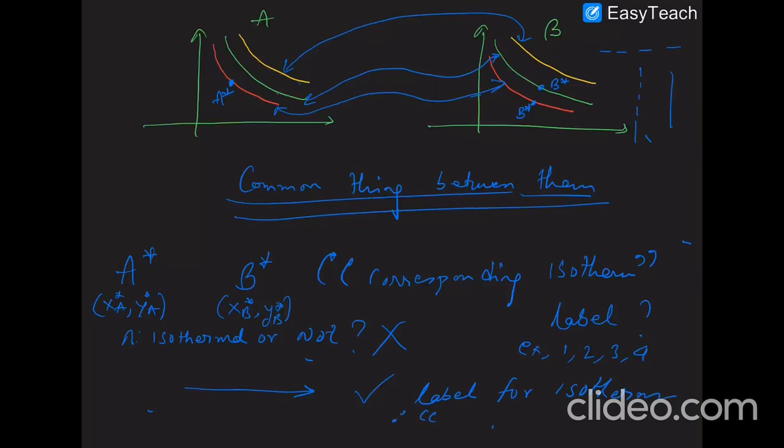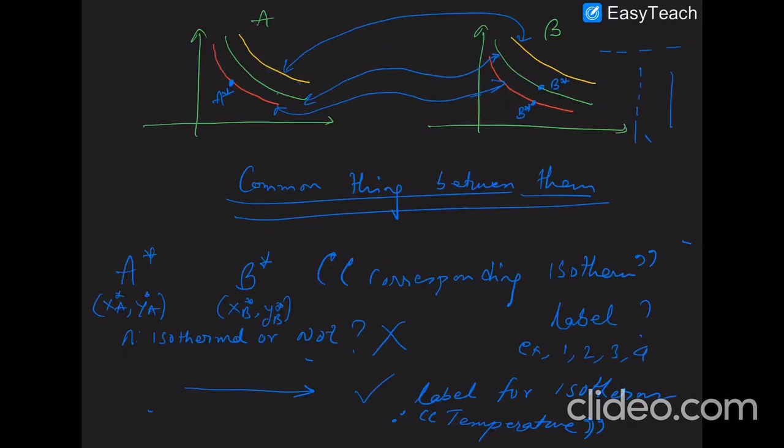Another thing is that whatever the label of the isotherm is, that is what we actually call the temperature. So if any system has a particular isotherm and another system has another isotherm, and they are not the corresponding isotherm, there will be a heat transfer due to the difference in the isotherms, as they are not the pairs which are actually in thermal equilibrium.